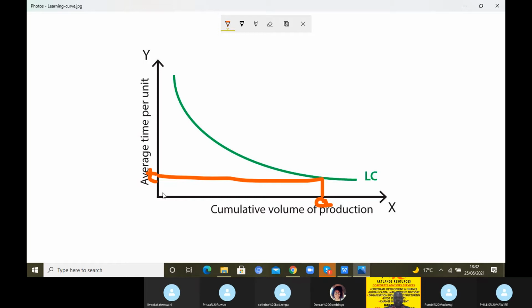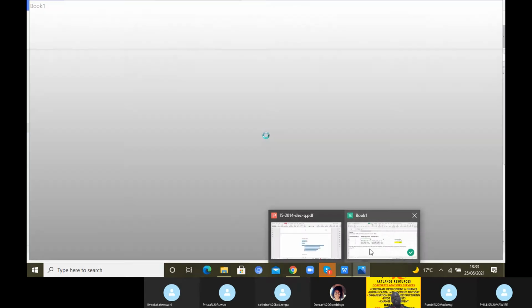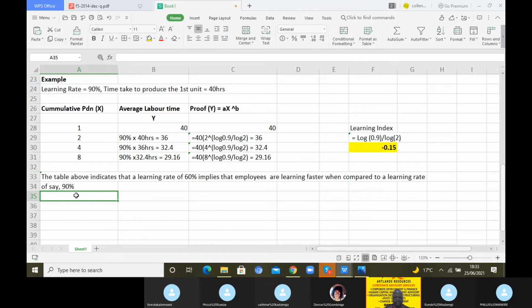Okay, perfect. So what does this mean? It means there was learning until you produce A units. Once you have produced A units, there's no more learning. So it means output beyond A is now being produced at T hours. I will leave this open and come back, because I want to explain this.